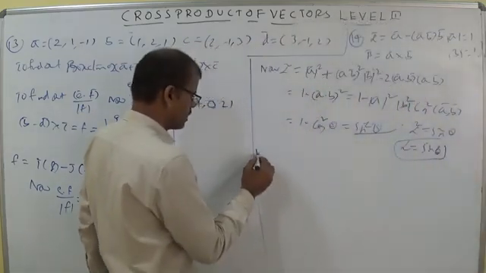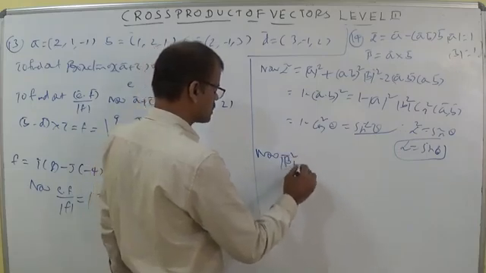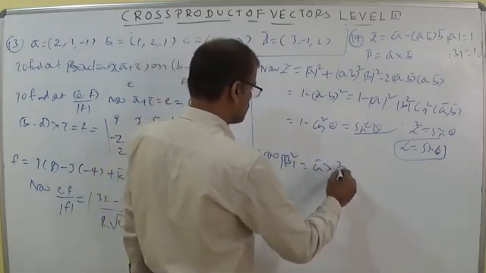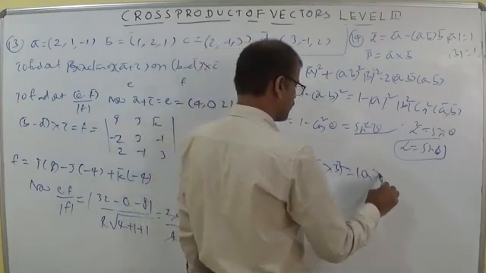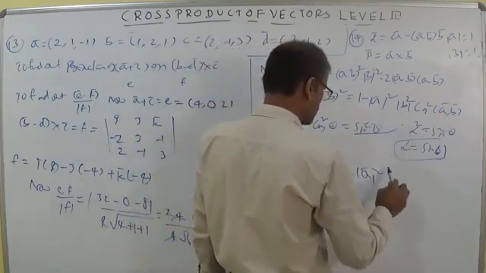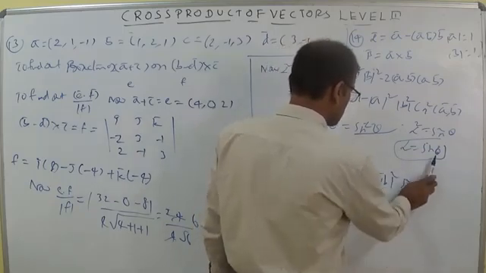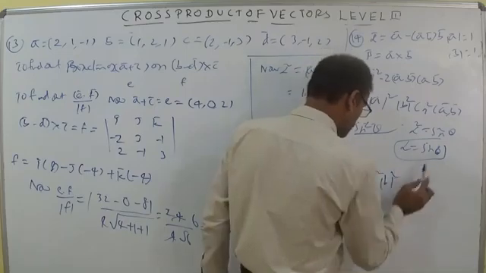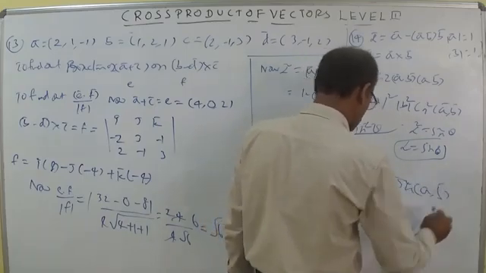Now regarding the beta value we should discuss. Modulus of beta square is equal to (A bar cross B bar) whole square. You can write the general formula of cross product: mod A square into mod B square into sin square of (A, B).